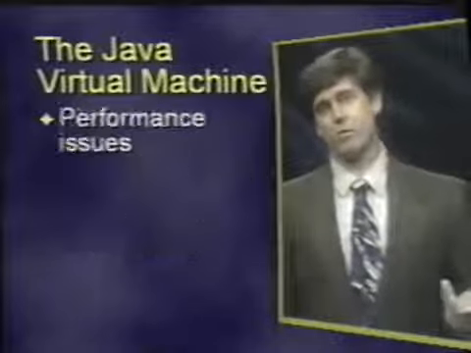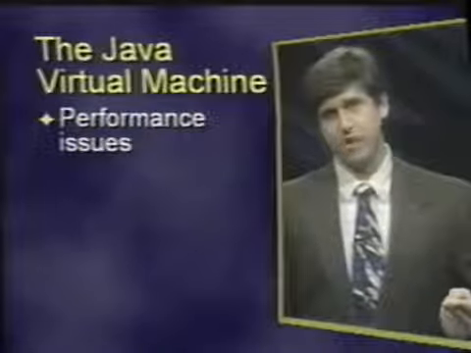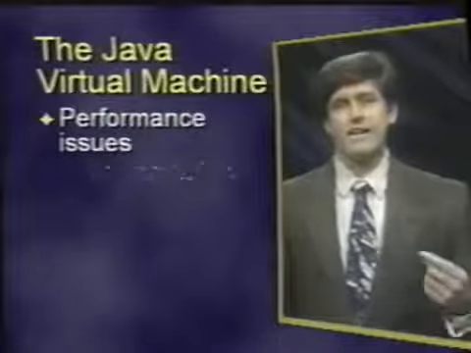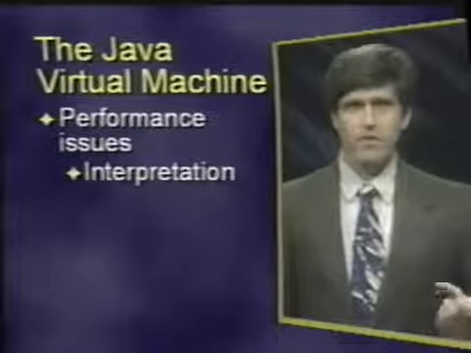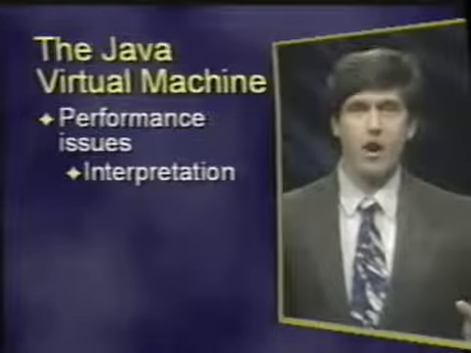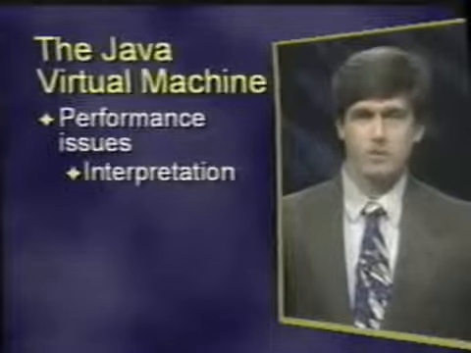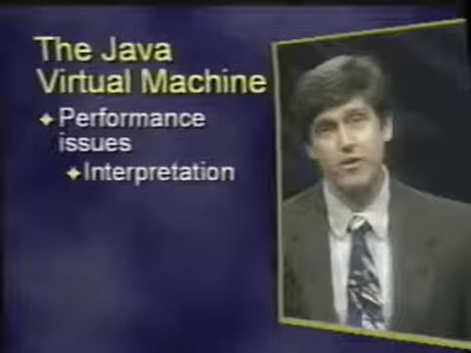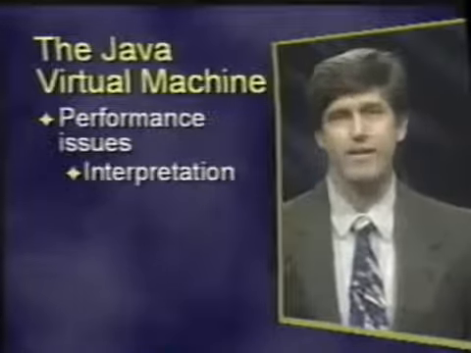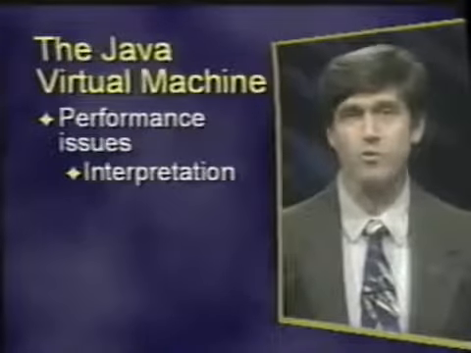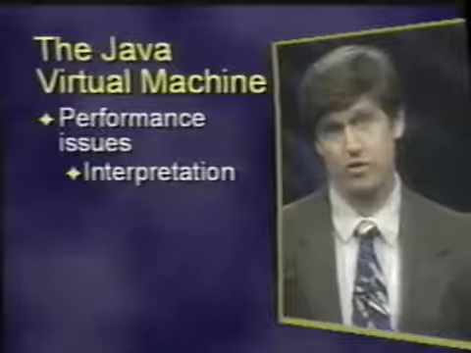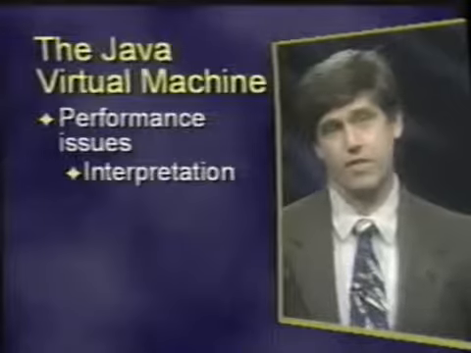Now, there's a couple of performance issues I want to talk about here. First of all, the fact that it is interpreted. These bytecode files are interpreted by this software implementation of a CPU, which means that at some point they have to be turned into native code to run on any hardware CPU, which causes a performance hit.